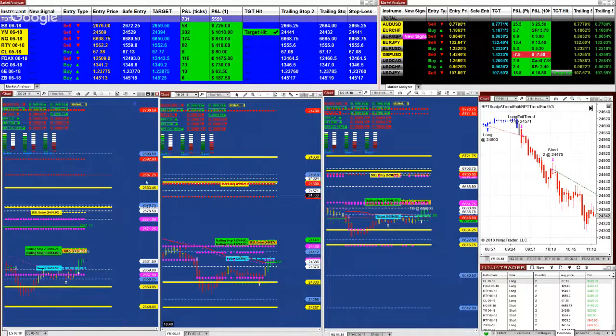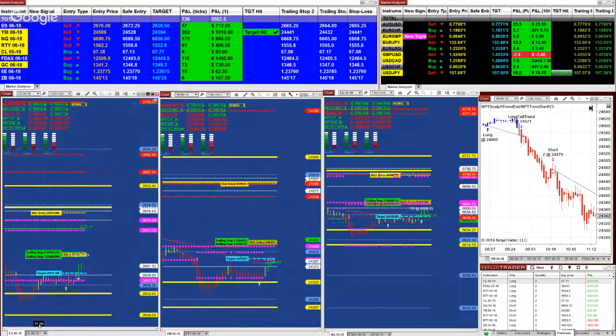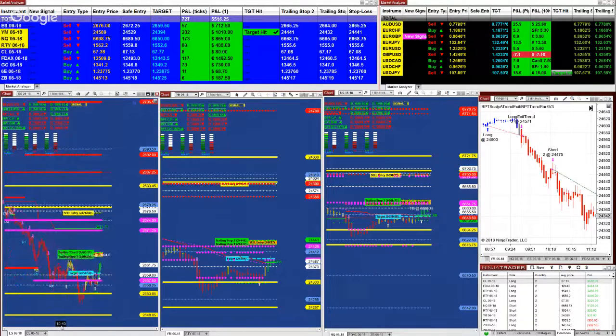If we look at the CL, they're all based on one contract, one entry. You can see the entry on the chart and you can see the target where we hit the target, a little bit below the target went down. That's okay. And now we are about to get a new signal.